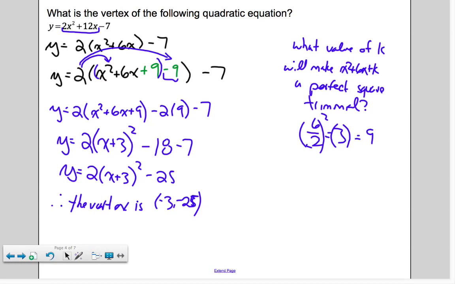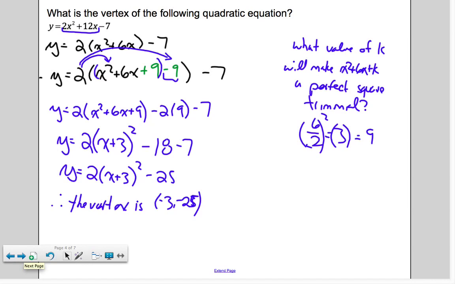I have one question. Up in step 2, when it's 2, it only multiplies over to the x and the negative 9. Why didn't you change the... Well, really, I could have multiplied 2 by everything in here.